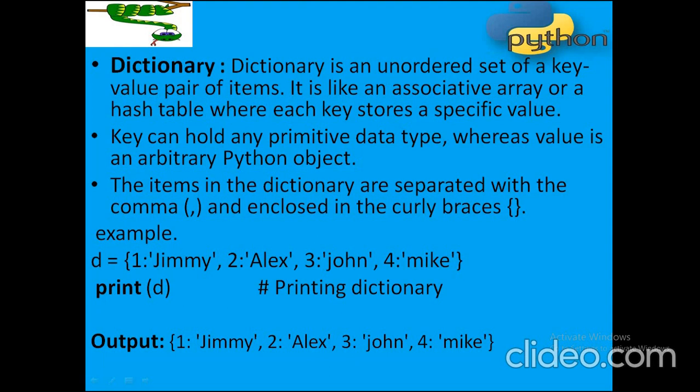It is like an associative array or a hash table where each key stores a specific value. Keys can hold any primitive data type, whereas a value is an arbitrary Python object. The items in the dictionary are separated with a comma and enclosed in curly braces.